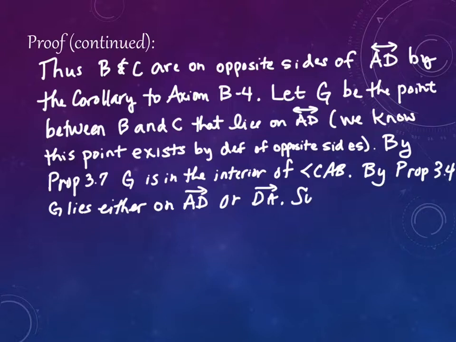So we're going to eliminate the possibility that it's on that opposite ray. Suppose that it does, and let's find ourselves a problem. Suppose G lies on DA, which would be on the opposite side of where we expect it to be and intend for it to be.